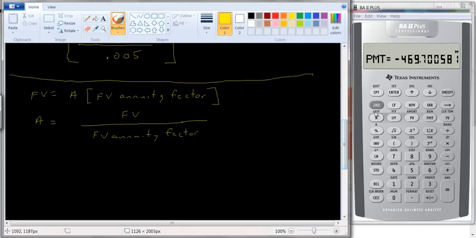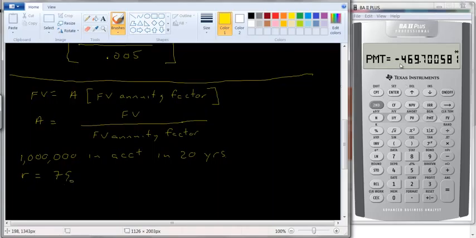And so let's look at an example. Suppose you'd like to have $1 million in your account in 20 years. Let's say the interest rate is 7%.